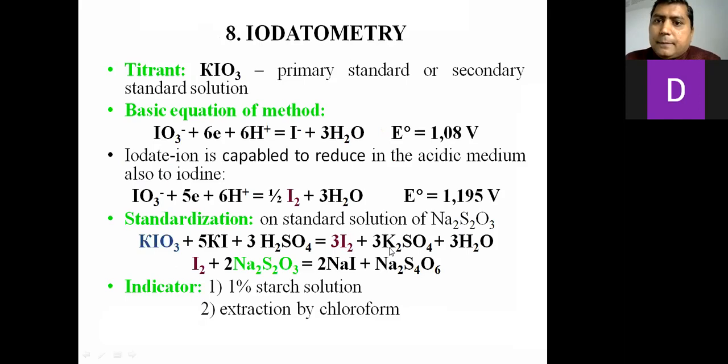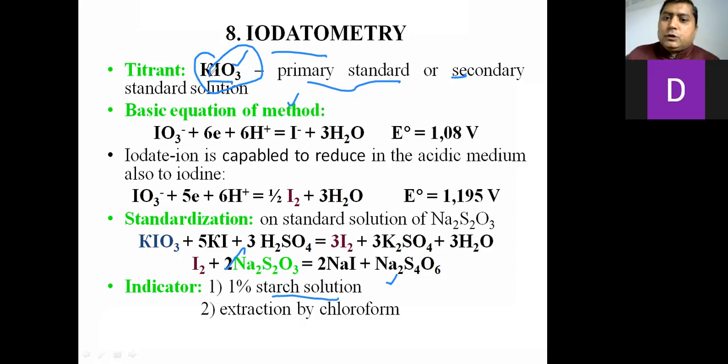Next one is iodimetry. In it, the titrant that we use is potassium iodide, triiodide, a primary or secondary standard, and back titrations can be used, with starch solution as indicator. Then there is iodatometry, where potassium iodate is used.